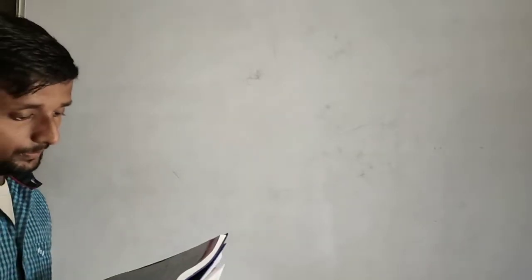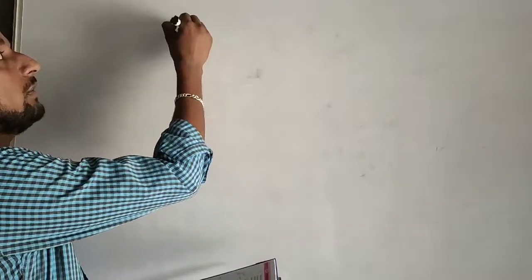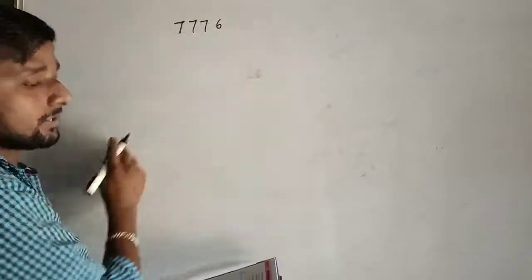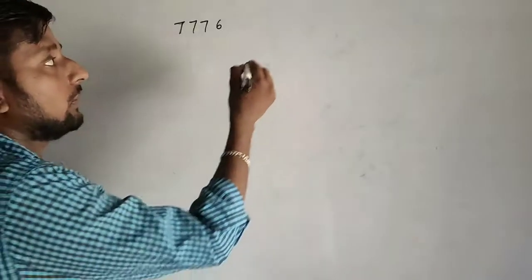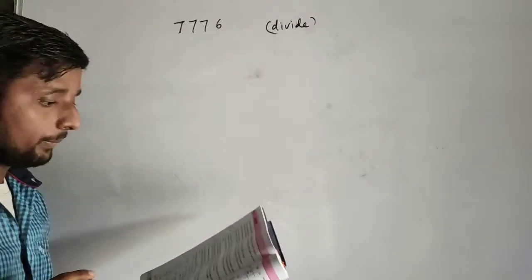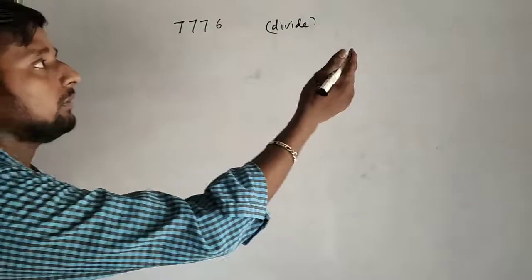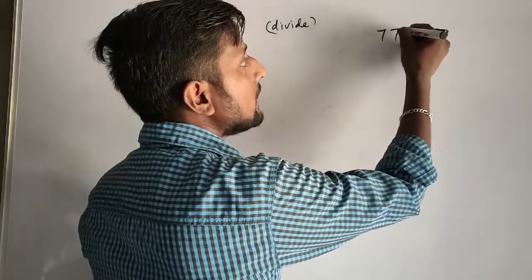What is the question here? Find the smallest number by which 7776 is to be divided. Here we are talking about divide. Divide to make it a perfect square. So same, make a prime factorization now.